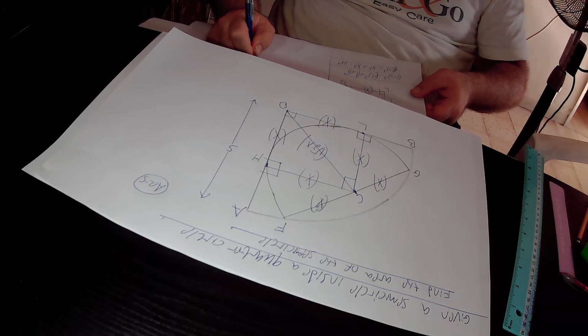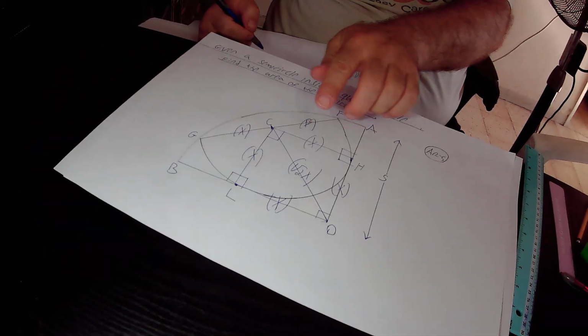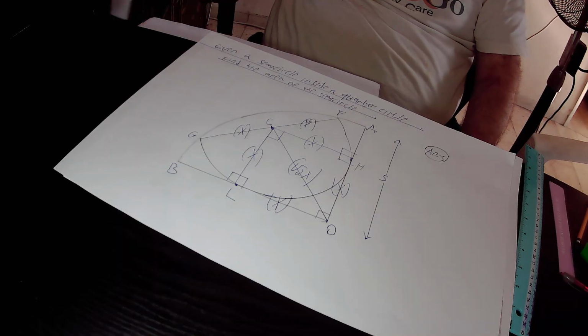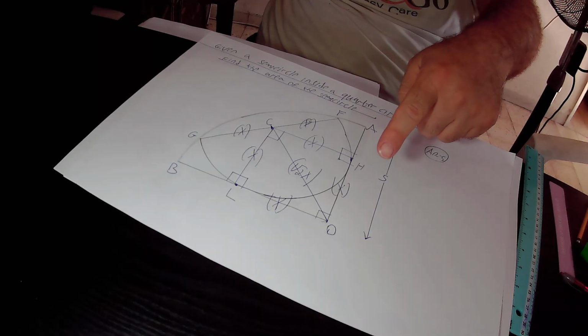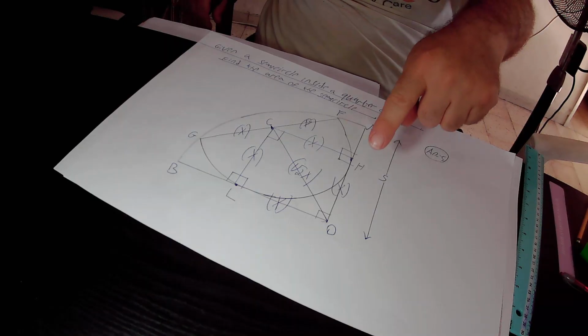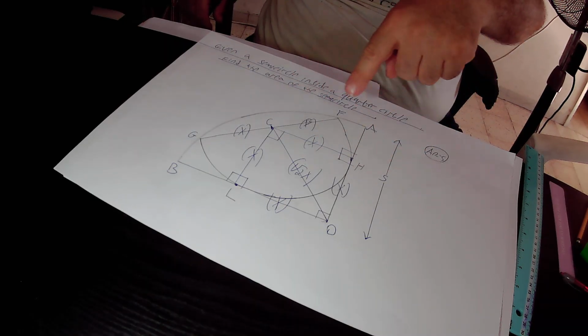So point O is the center of the quarter circle. From point O, the center of the quarter circle, we have line segment OC, which bisects chord FG. Why does line segment OC bisect chord FG?